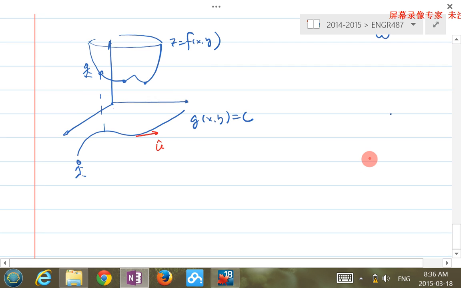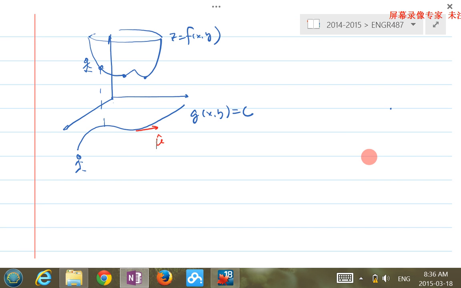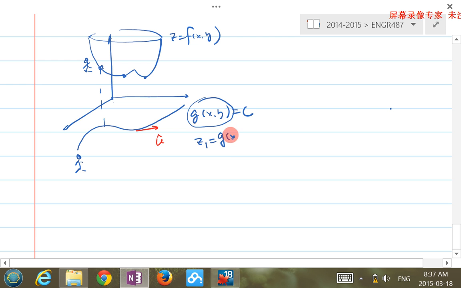So as you learned in 248, if u hat is a tangent vector, now just look at this guy here. Let's say this is z1 equal to g of x, y. If I set this equal to c naught, what do you get?